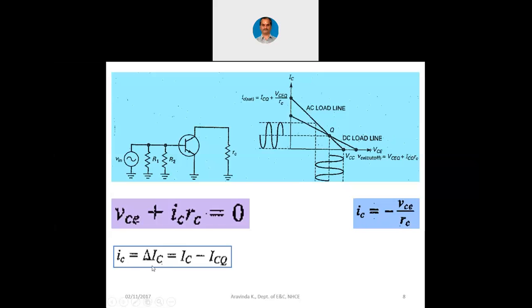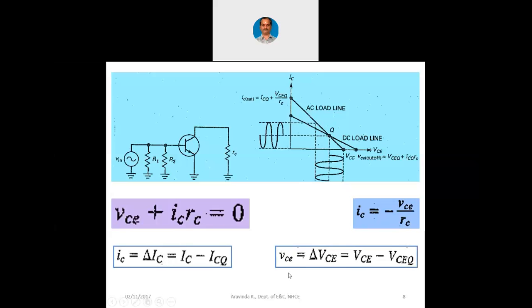So, small IC is the change in the DC current, that is what? IC minus ICQ. ICQ is the quiescent current and IC is the changing current now. So that way IC minus ICQ is small IC, that is the change in the quiescent current.